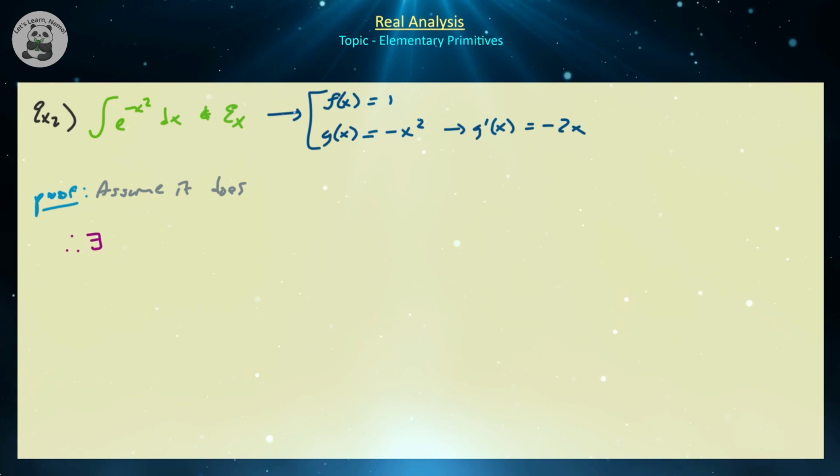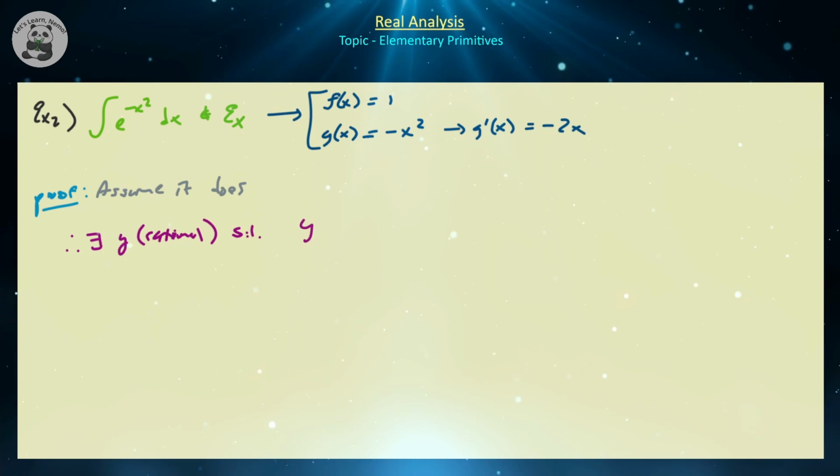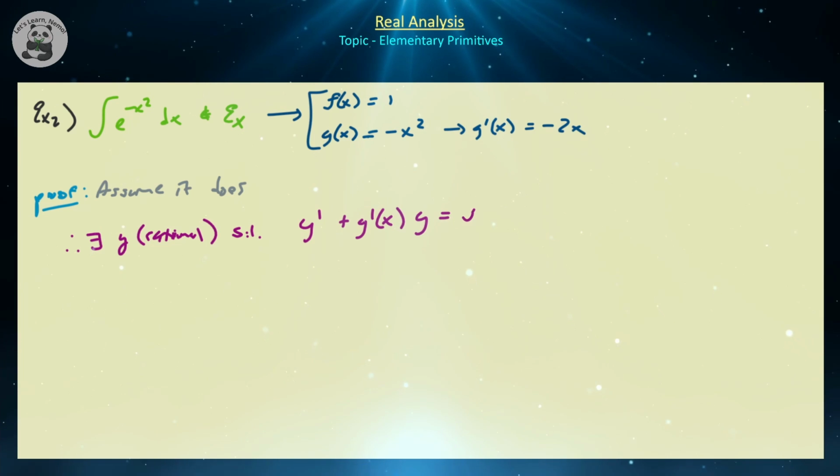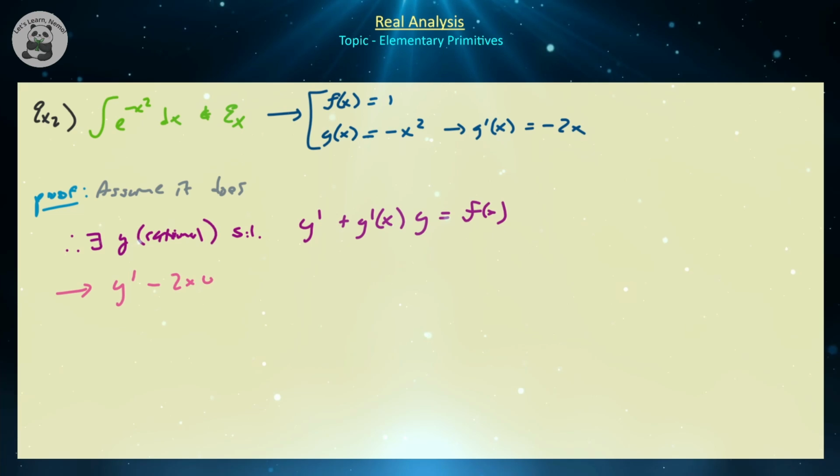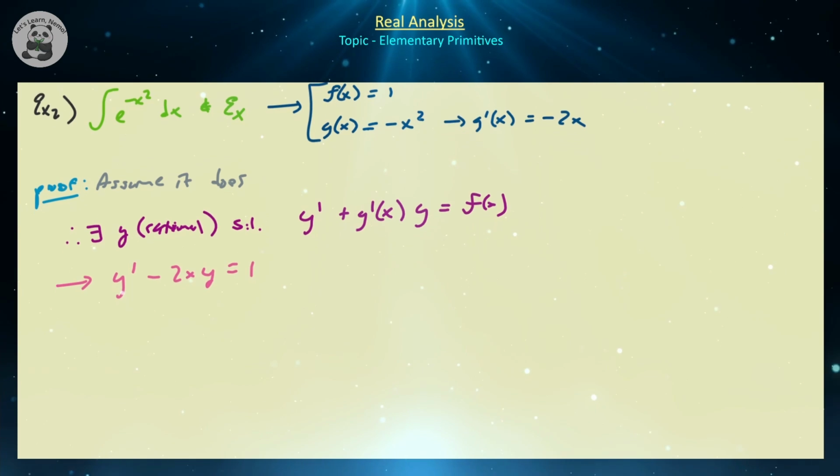So that means there exists a rational function y such that, again, y prime plus g prime of x times y will be equal to f of x. And from our f, g, and g prime, we have the differential equation y prime minus 2xy is equal to 1.